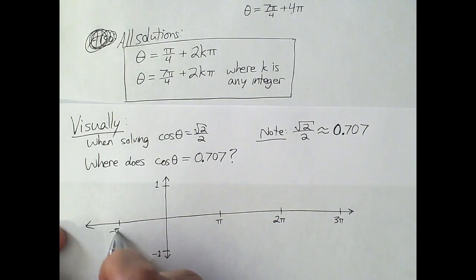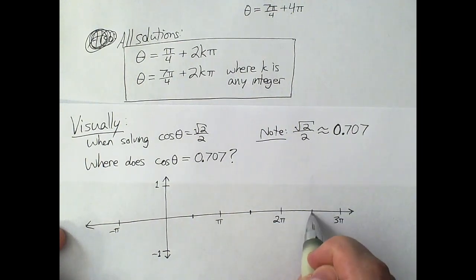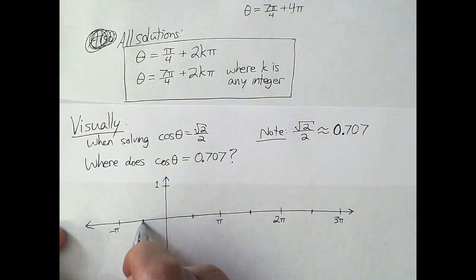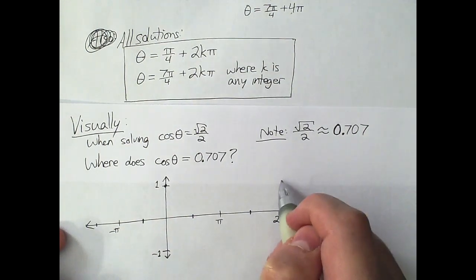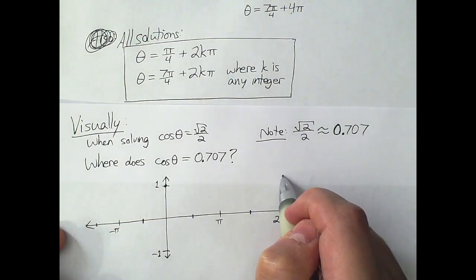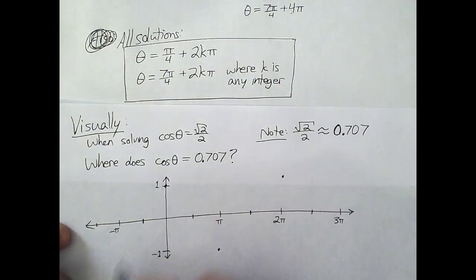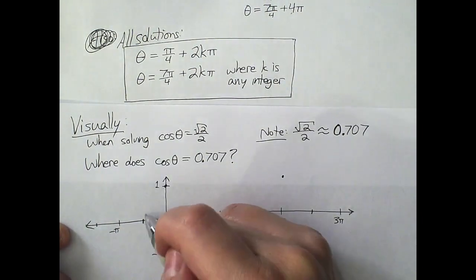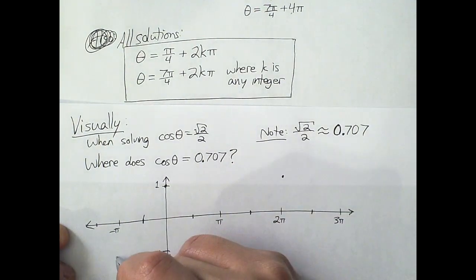Here's negative pi. And I'll put little marks at pi over 2, 3 pi over 2, and so on. All right, so what does the graph of cosine look like? Passes through a y-intercept of 1. By the time it gets to 2 pi, it's back up there. So it looks something like this.